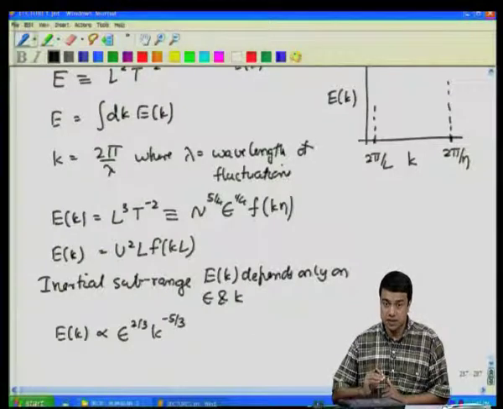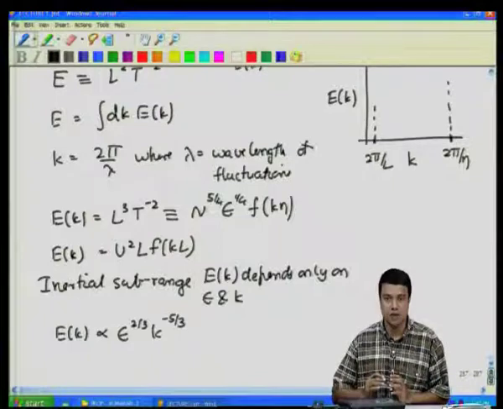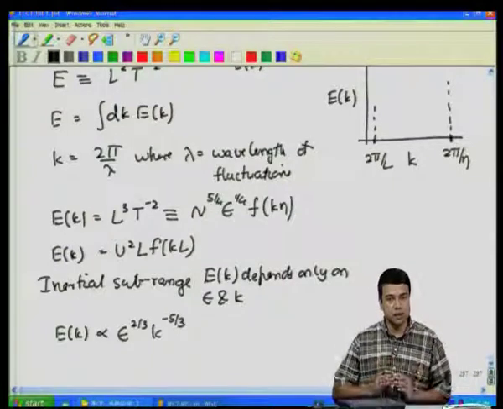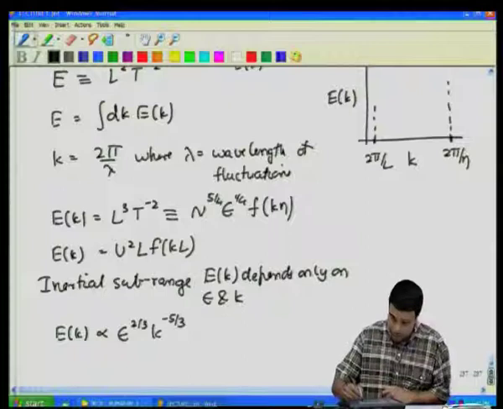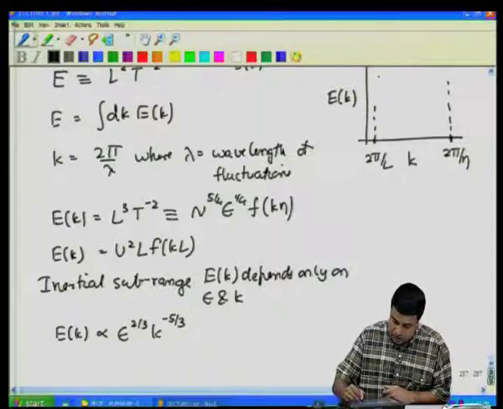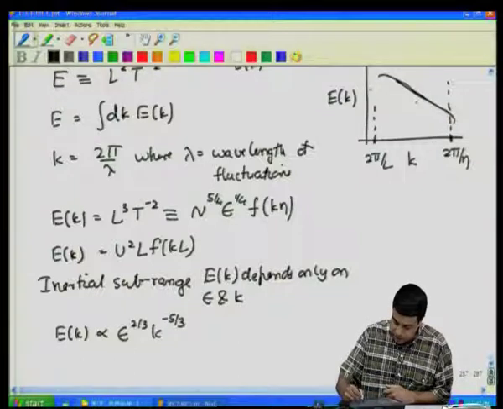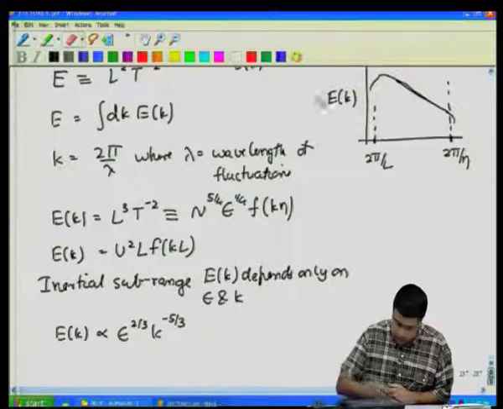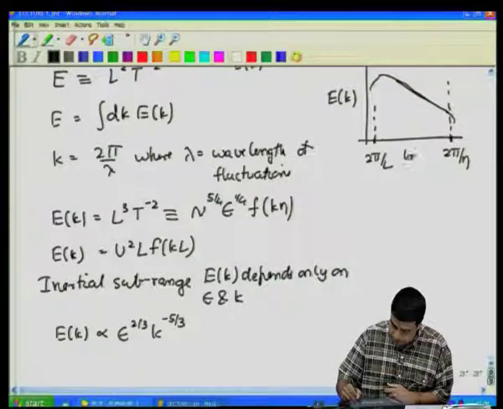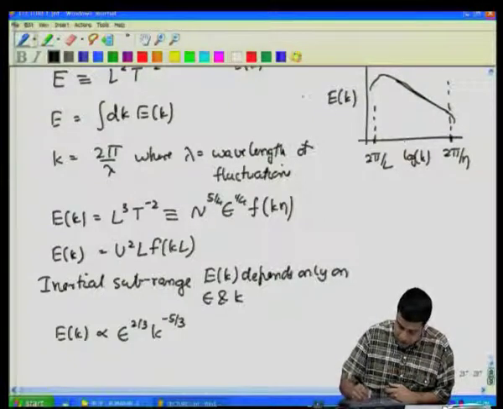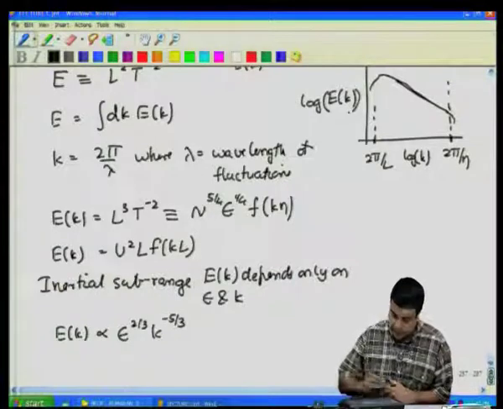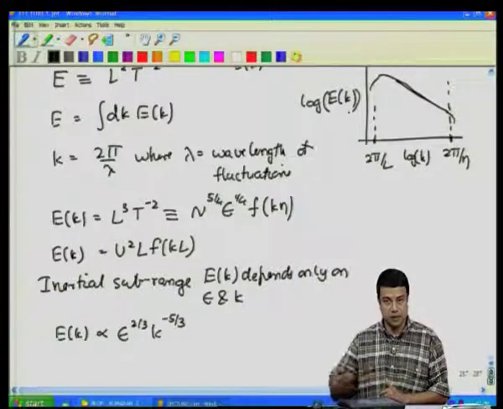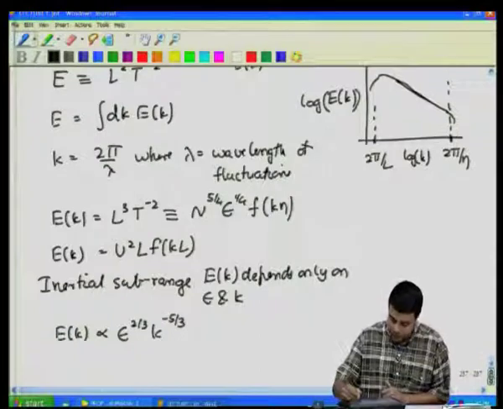So, this predicts a scaling law for the energy in eddies of various intermediate sizes between the Kolmogorov scale and the macroscopic scale. What this is saying is that this energy spectrum has to have a minus 5/3 power. I am plotting log of k versus log of the energy. It has a minus 5/3 power in the intermediate spectrum.